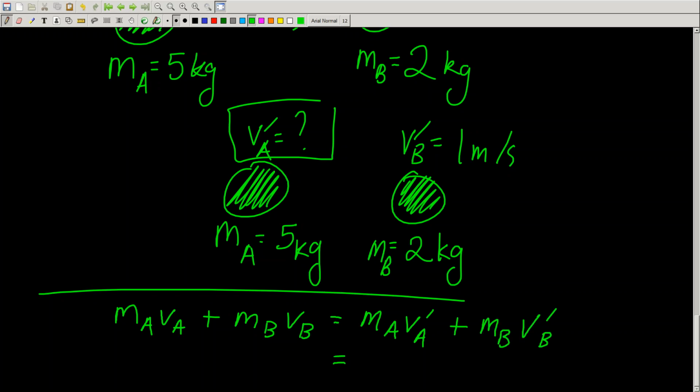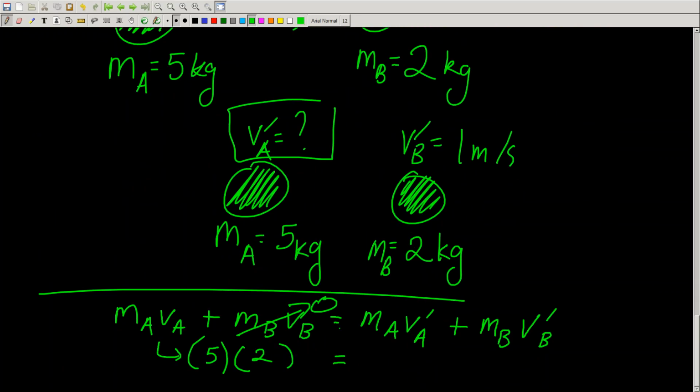All I have to do is plug in all my quantities. Now VB before the collision is 0. So this is gone. Okay, that's 0. MAVA is 5 times 2. Okay, 5 kilograms times 2 meters per second.